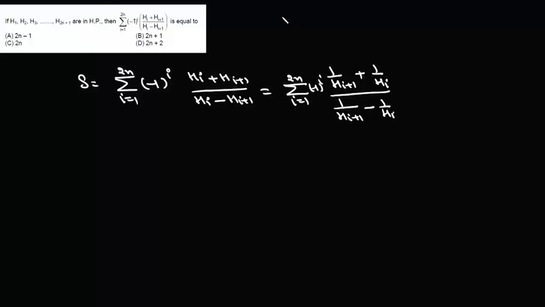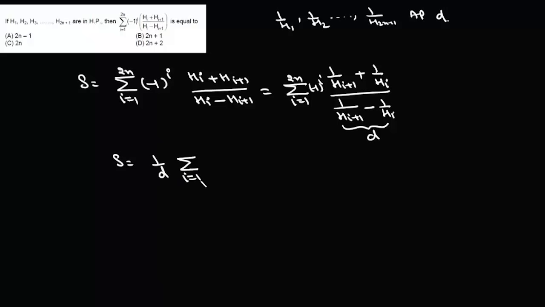Now we know that if h_1, h_2, h_3, ..., h_n are in HP, then 1 upon h_1, 1 upon h_2, ..., 1 upon h_(2n+1) will be an AP, and suppose its common difference is D. So the denominator is nothing but D. So we can write this sum as 1 by D, and then this summation i varies from 1 to 2n of (minus 1) to the power i times (1 upon h_(i+1) plus 1 upon h_i). Now we'll expand it.